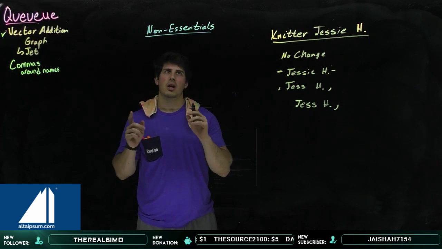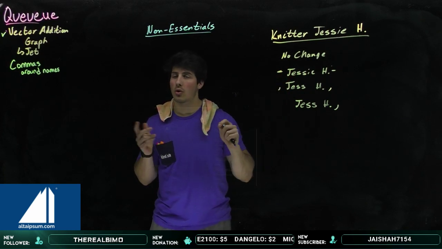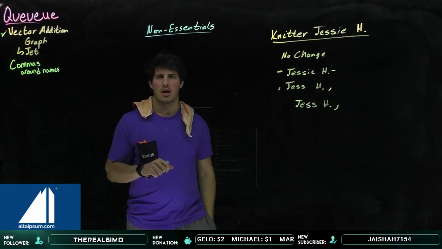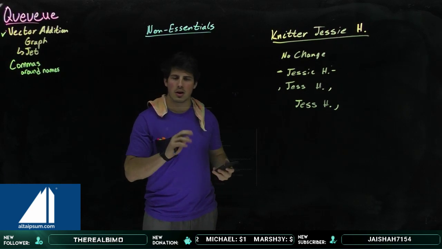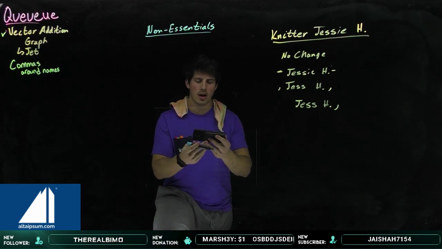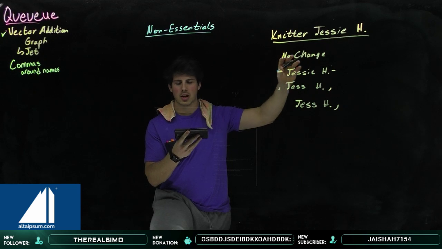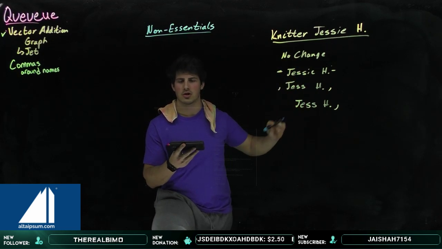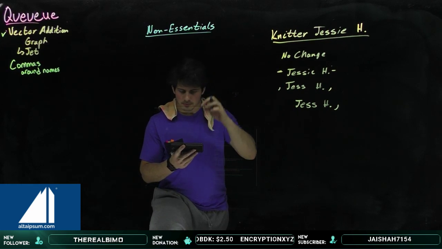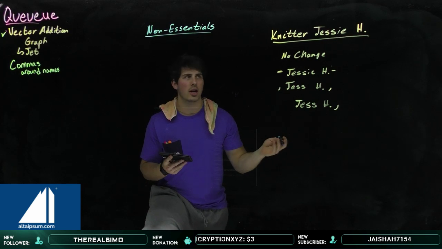Essentially, though, what a non-essential is, it would be between commas or dashes. It would be something that you could remove entirely from the sentence and just read it as if it were not there, and it would make sense. So let's go ahead and do that. So right now we have, in 2011, knitter Jessie Hemmons decided she'd had enough of people snapping pictures of the bronze statue. We'll end it there as if that's the end of it. If we have no change, seems okay, right?